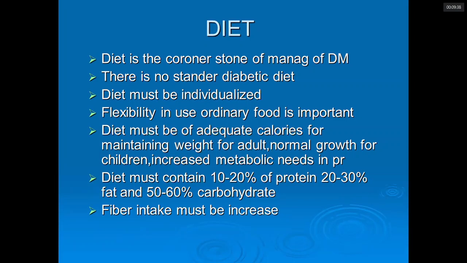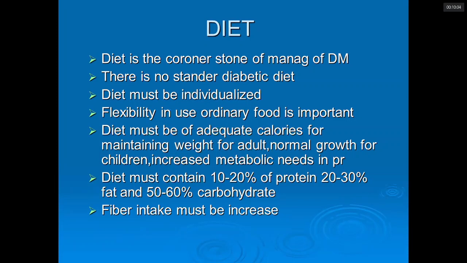And tell your patient, or the dietitian must tell your patient, to inhibit this food, increase this food, or decrease this food. Okay? It is very important to start from what the patient normally eats to advise our patient, not to give him a list of food he sometimes never knew or heard about, okay? Flexibility and use of ordinary food is important.